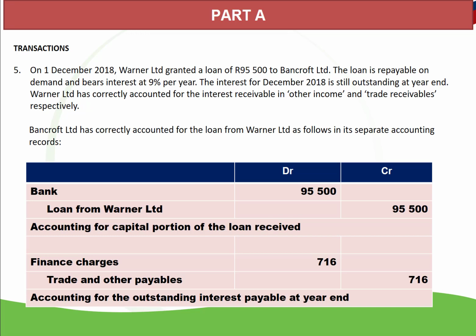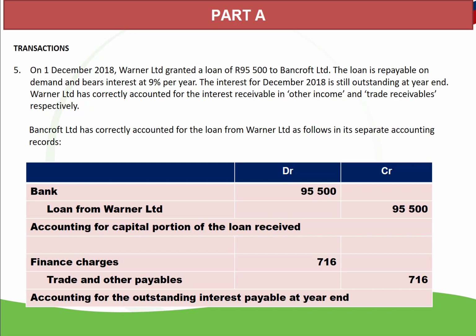On 1 December 2018, Warner Limited granted a loan of $95,500 to Bancroft. The loan is repayable on demand and bears interest at 9% per year. The interest for December 2018 is still outstanding at year end. Warner has correctly accounted for this interest receivable in other income and trade receivables, respectively.